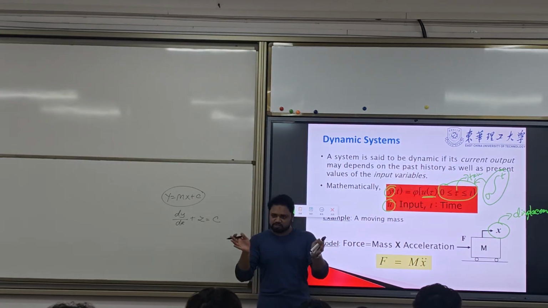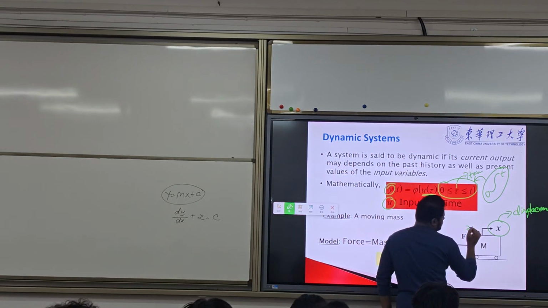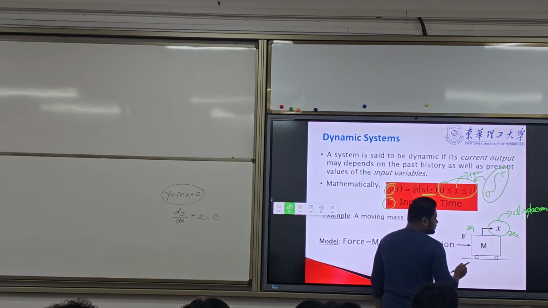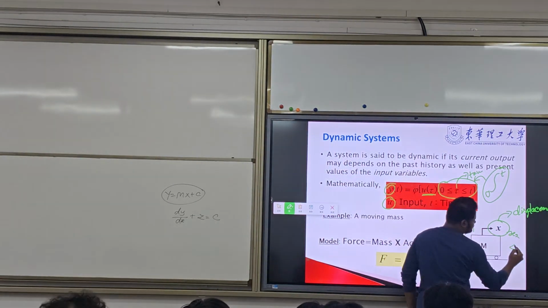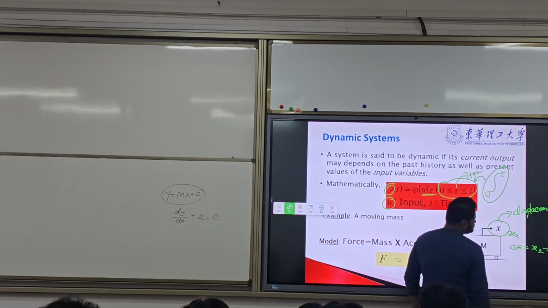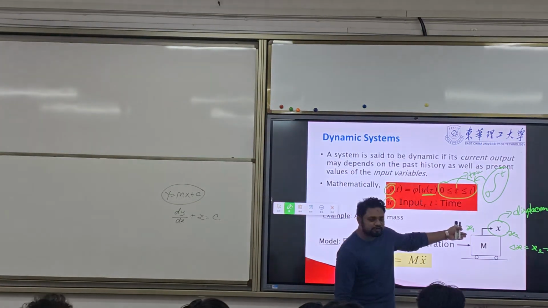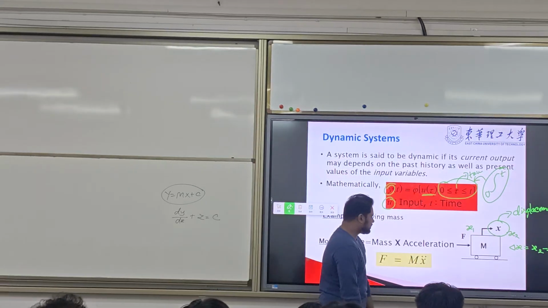If there are two positions like this, at the beginning this is x1, then after that it is x2. Then the difference we call del x. Del x is equal to x2 minus x1, the change in position. If x1 is equal to 0, then we can directly write it as x2 or x.